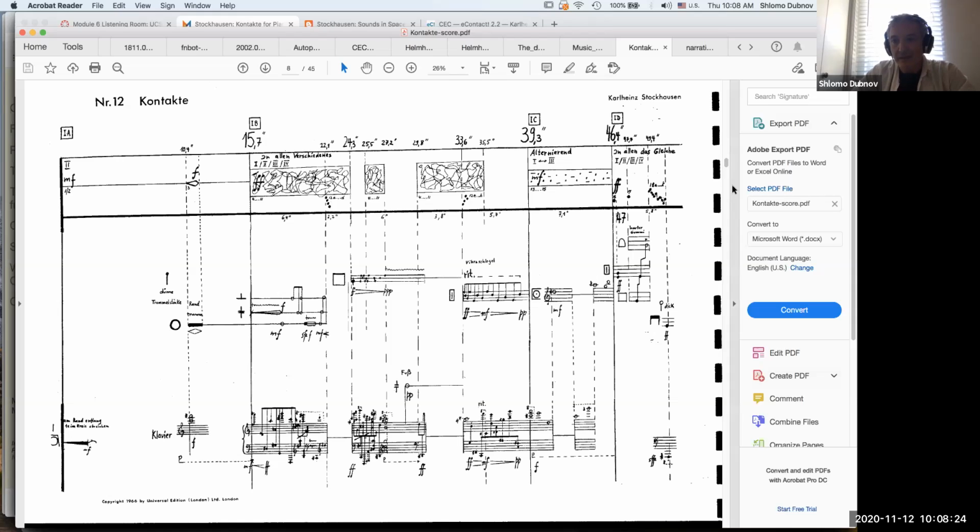Now, explain a little bit more about the score. Yes, as the question on the chat was, these are the seconds. You actually have to keep very strict timing because the tape is not flexible. In normal musical performance, musicians synchronize themselves, and a lot of the expressivity comes from little deviations.